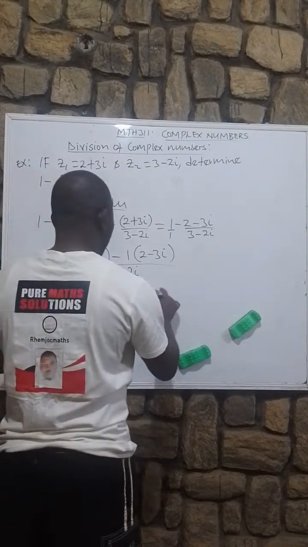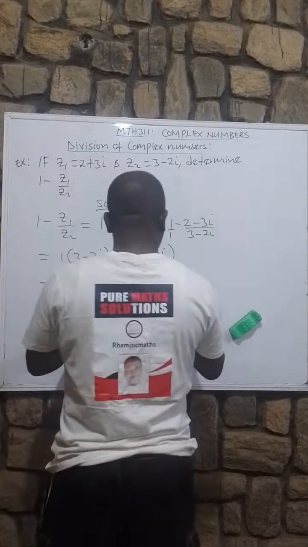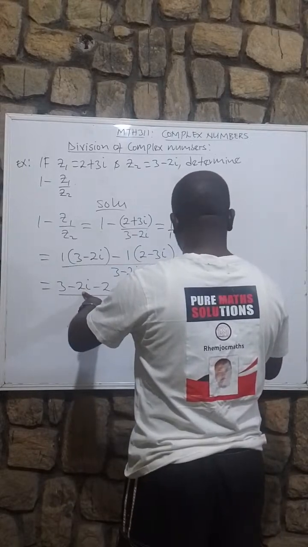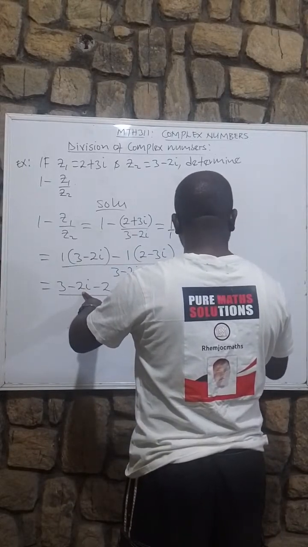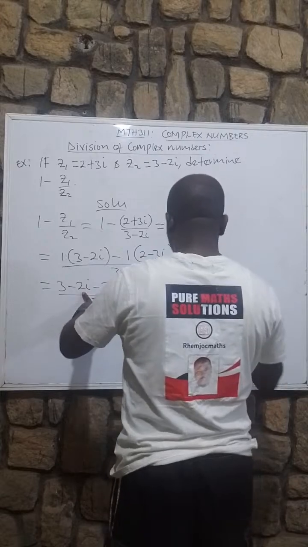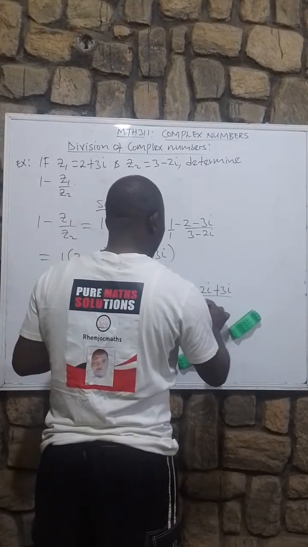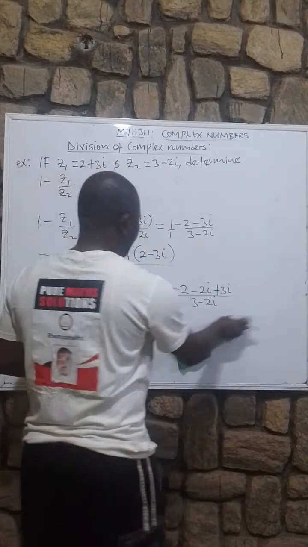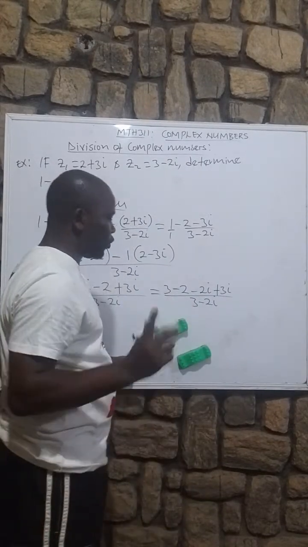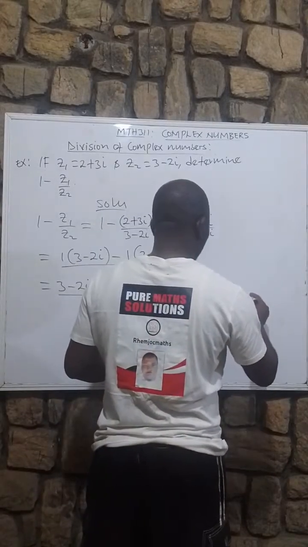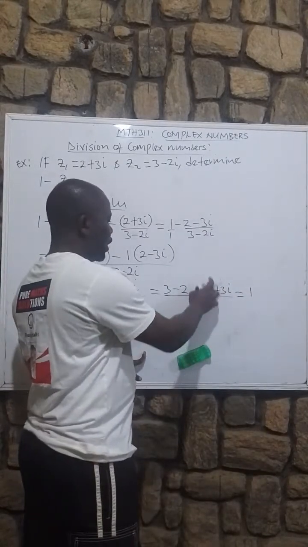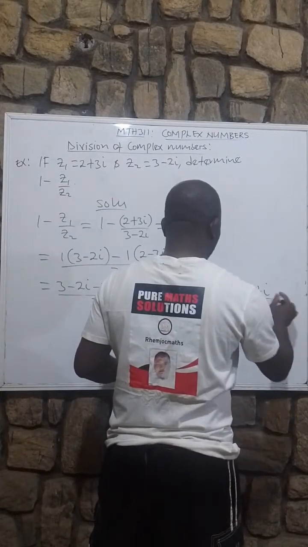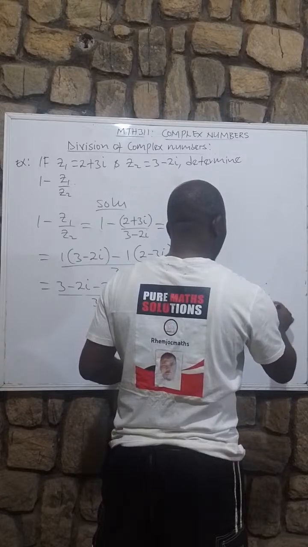So this will now be 3 minus 2, then minus 2i plus 3i all over 3 minus 2i. True or false? It's true. Right? So 3 minus 2 is 1, right? This is equals to 1. Then minus 2i plus 3i is plus i. Plus i all over 3 minus 2i.